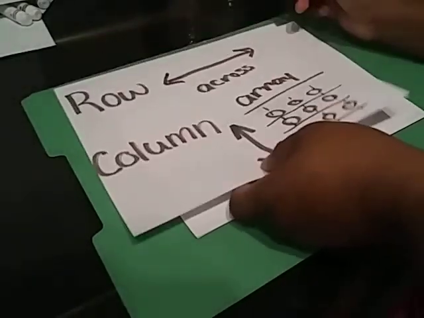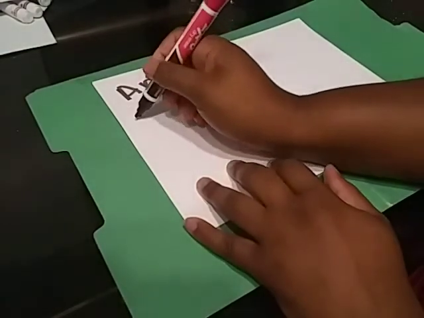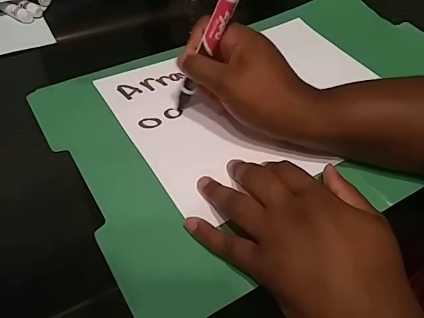So I'm going to put this to the side, and I'm going to draw another array. Forgive me if it's crooked because I'm trying to make sure I'm not in the way of the camera. Let's say I have 2 rows of 4.